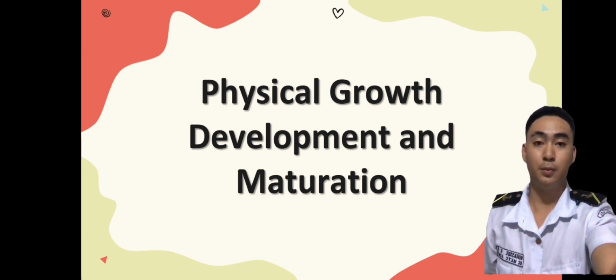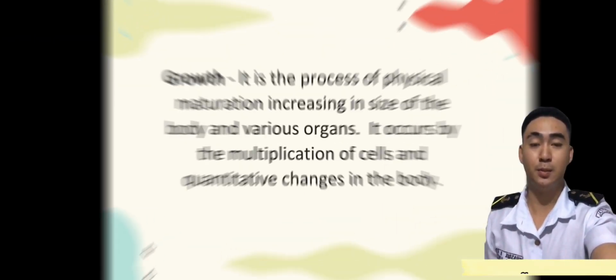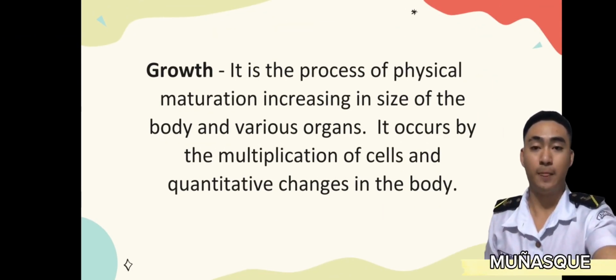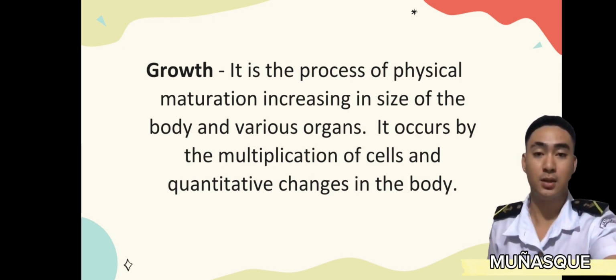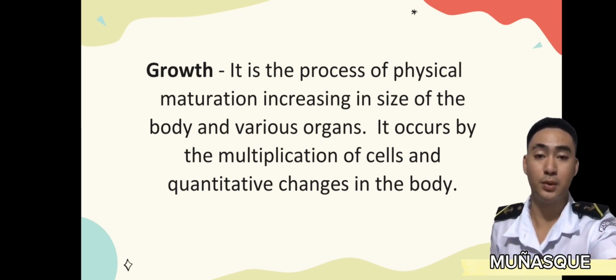Physical growth and development refers to the systematic changes in size, shape, and structure of the body over time. It encompasses both quantitative aspects such as increases in height and weight, and qualitative aspects such as changes in body proportions and development of specific physical characteristics.